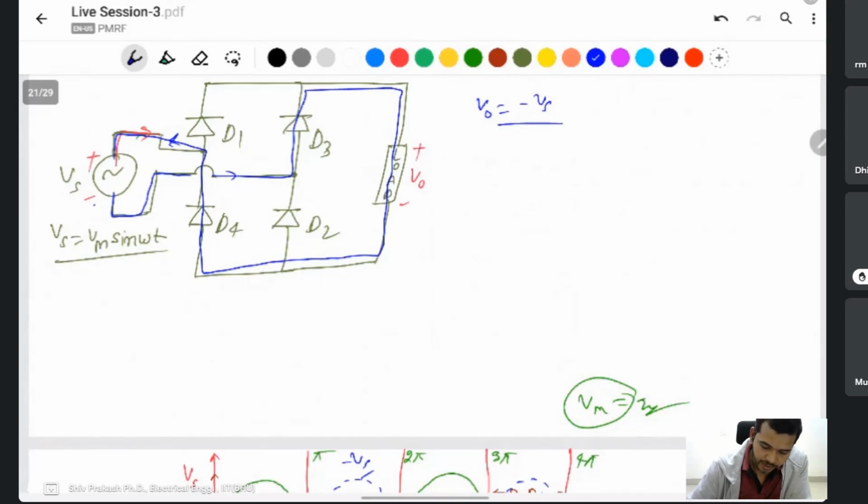When diodes D3 and D4 conduct, you find this one positive, and positive is connected to the negative of the source, and negative is connected to the positive of the source. That time D3 and D4 are on. Don't be confused.